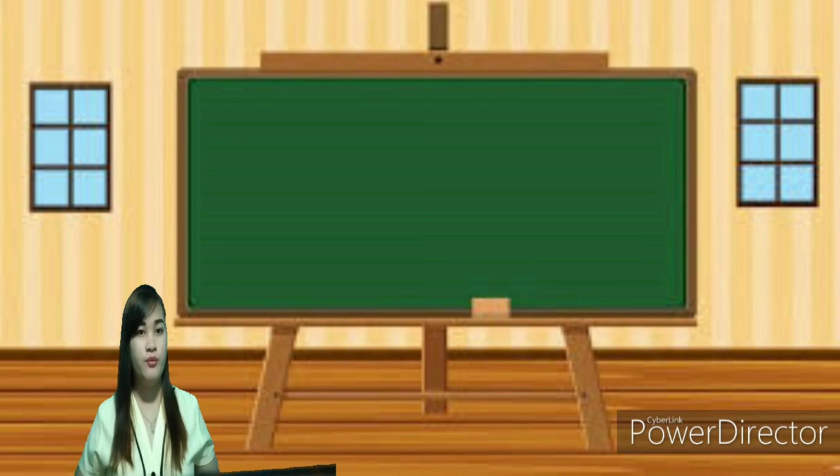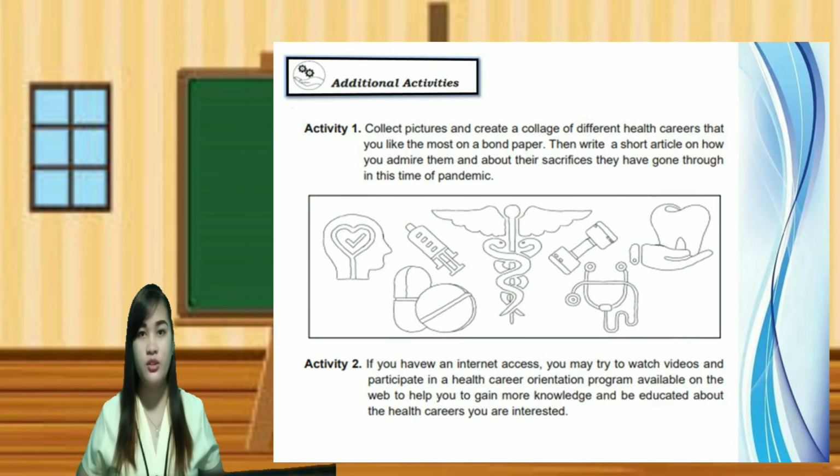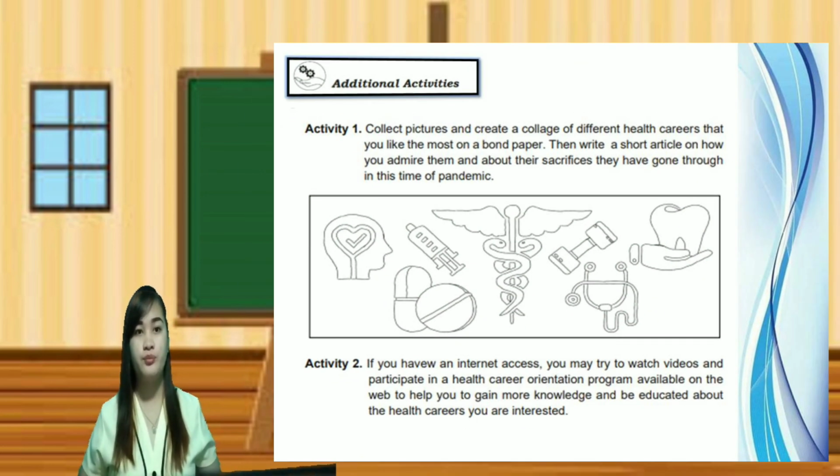Next, let's proceed to the last part of our module, the additional activities. Activity number 1, collect pictures and create a collage of different health careers that you like the most on a bond paper. Then write a short article on how you admire them and about the sacrifices they have gone through in this time of pandemic.